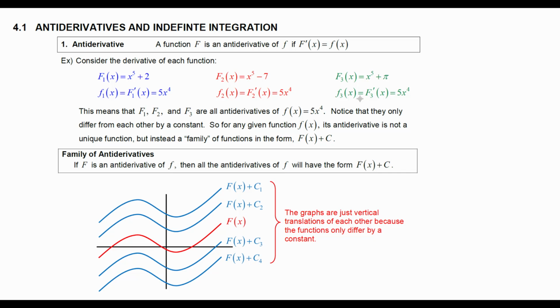In fact, their rate of change at any x, or the slope of the tangent line at any point x, would be the same. So again, given a function, its antiderivative is not a unique function. Instead, you get a family of functions in the form of capital F of x plus c. Don't forget the c.